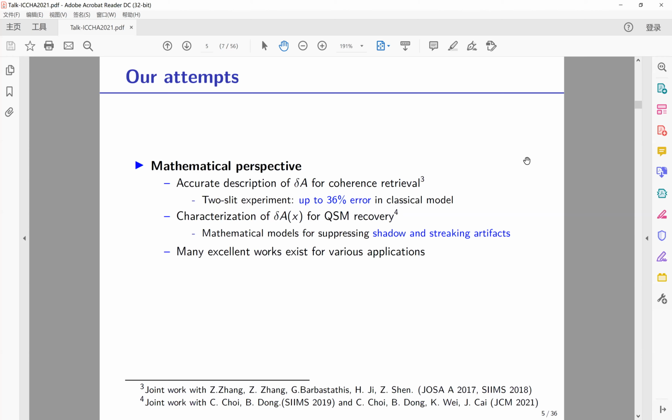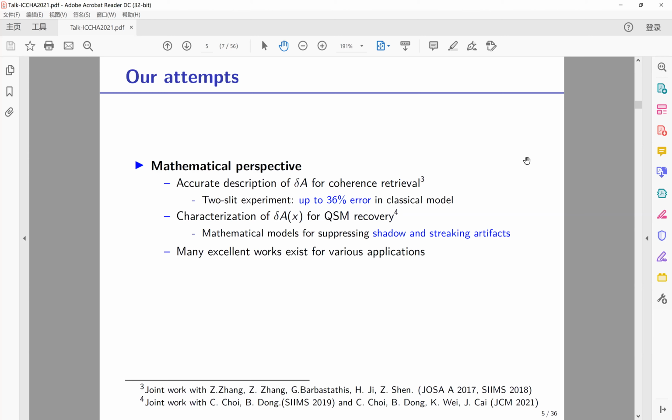The other method is that if I cannot characterize delta A, I can get a detailed description of the pattern of delta A times x. If I have this pattern, then we can apply a regularization method to extract these error patterns in our reconstruction algorithm. In fact, there are many other works for different applications.